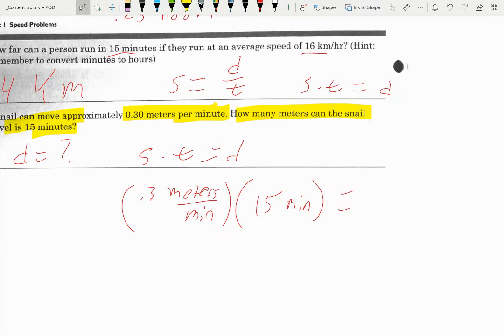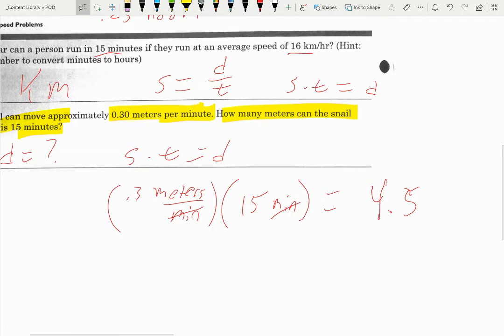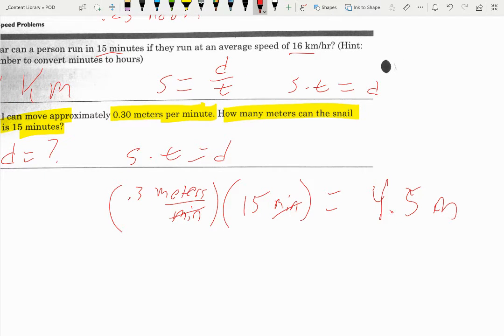Right? So then when you multiply that out, cancel minutes, what do you get? 4.5. Okay, 4.5 meters. Any questions on that?